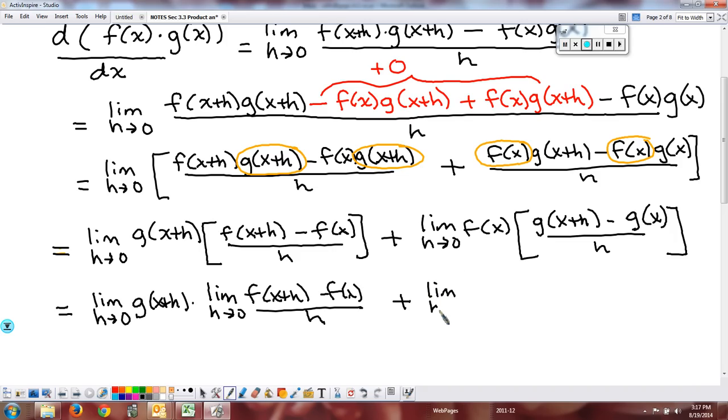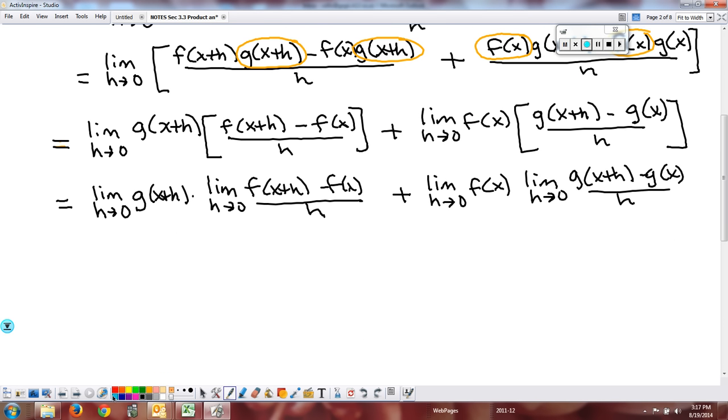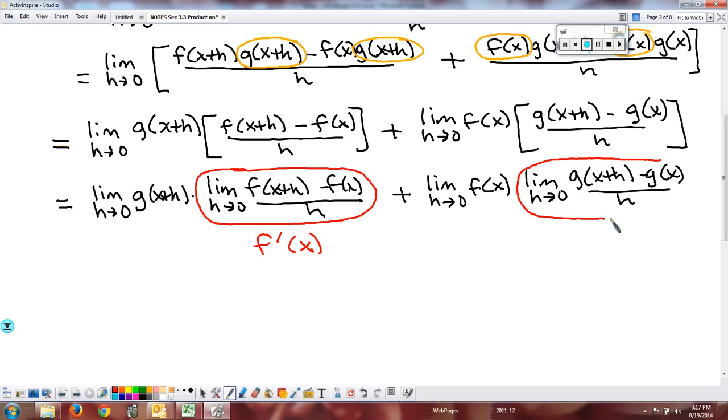The limit as h goes to 0 of f of x, the limit as h goes to 0 of g of x plus h minus g of x all over h. And again, hopefully you're noticing that I basically have derivatives here. So this is nothing more than f prime of x, and this right here is nothing more than the definition for g prime of x.